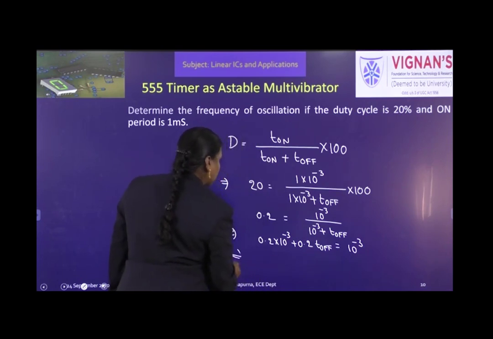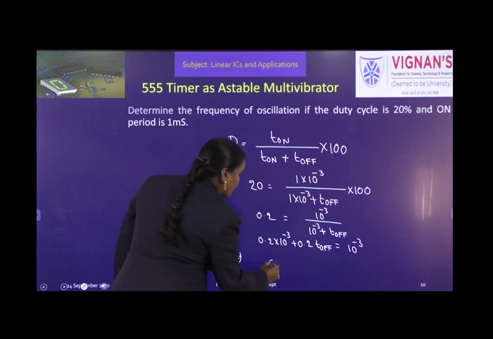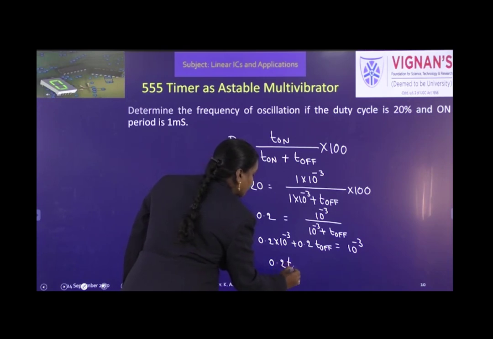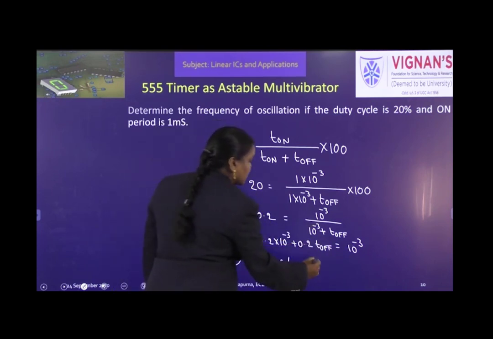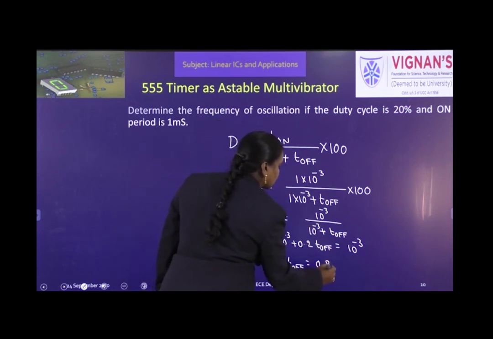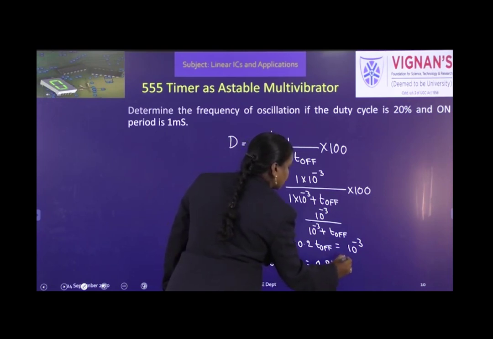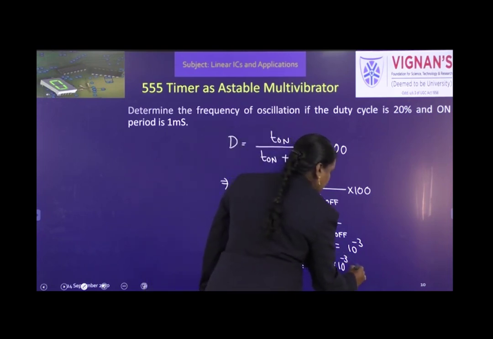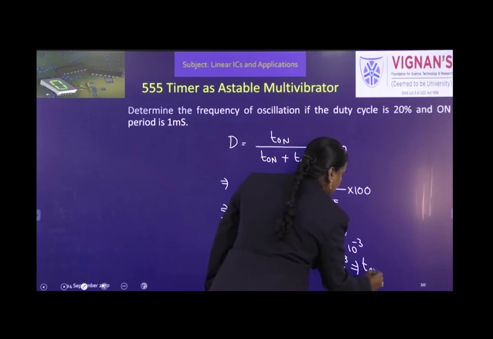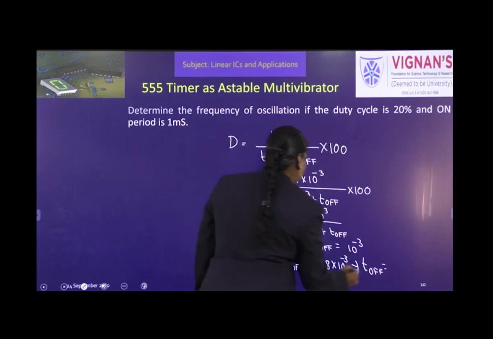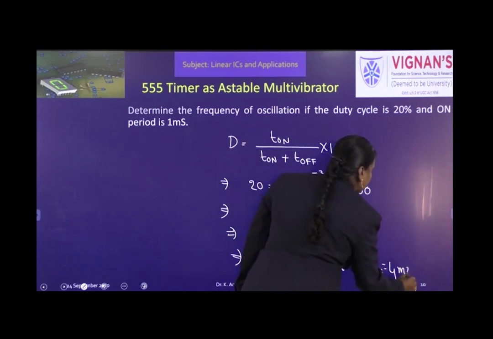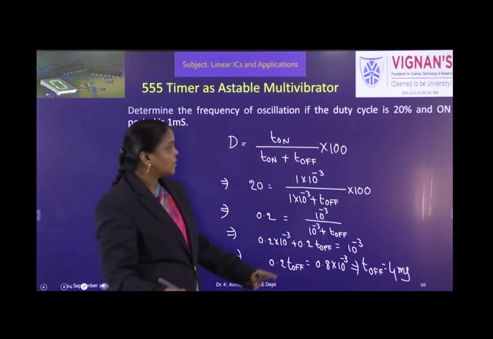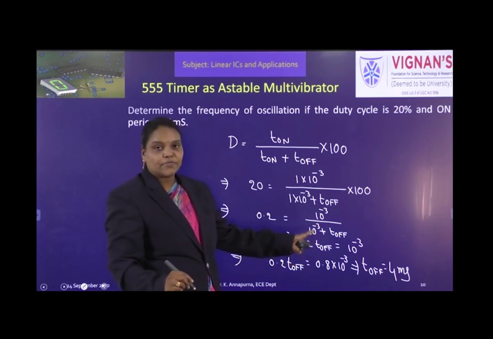So 0.2 into T off is equal to 1 millisecond minus 0.2 millisecond, which is 0.8 milliseconds. So T off is equal to 0.8 by 0.2, which is 4 milliseconds. So T off is 4 milliseconds.